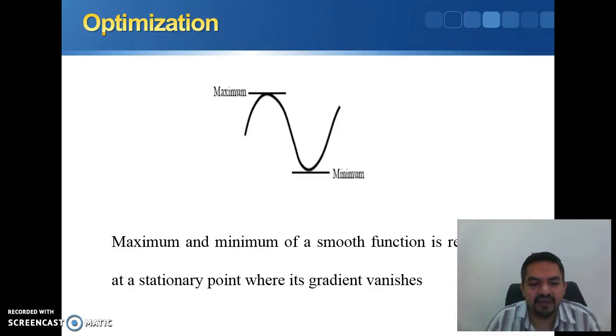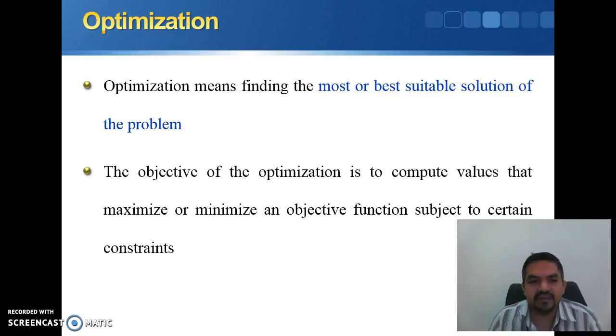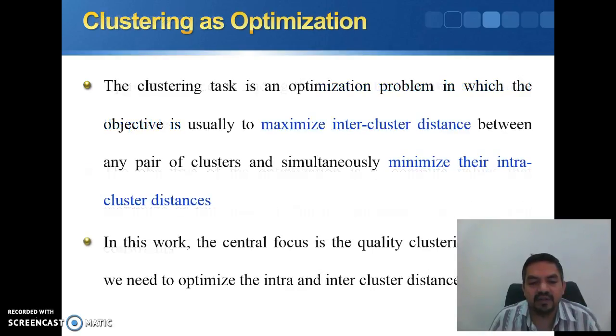The optimization example shows that the maximum and minimum of a smooth function is reached at a stationary point where its gradient vanishes. Optimization means finding the best suitable solution of the given problem. The objective of optimization is to compute values that maximize or minimize an objective function subject to certain constraints.